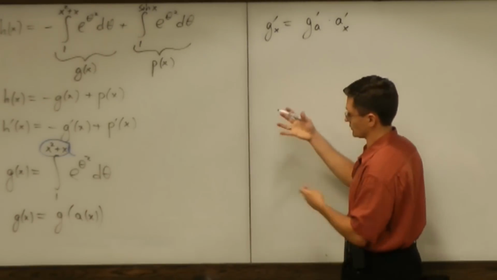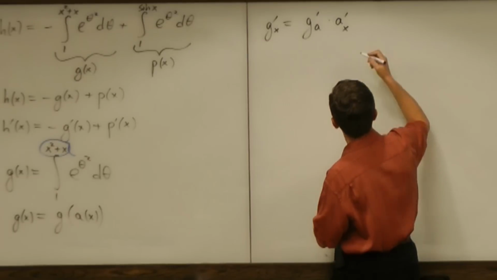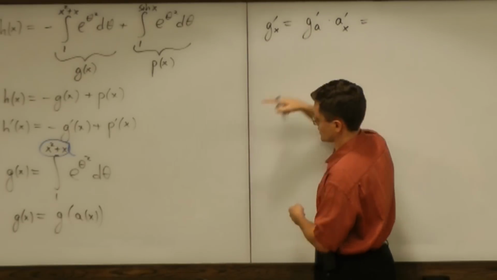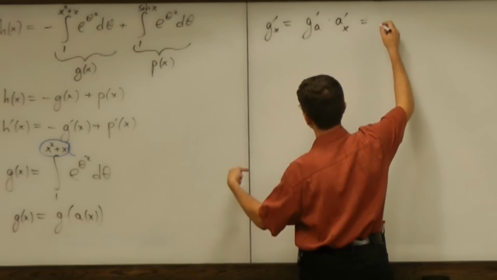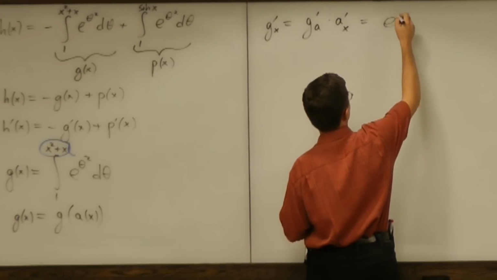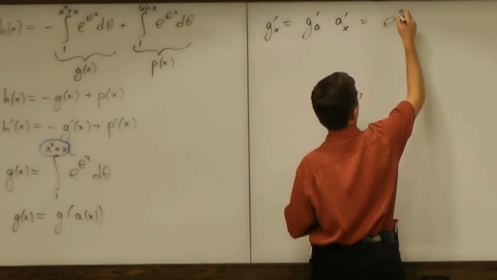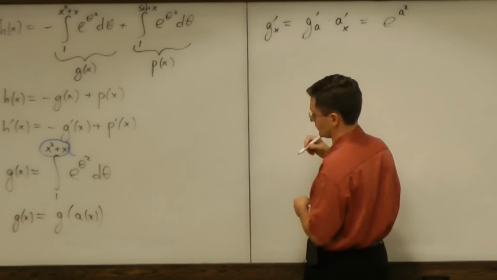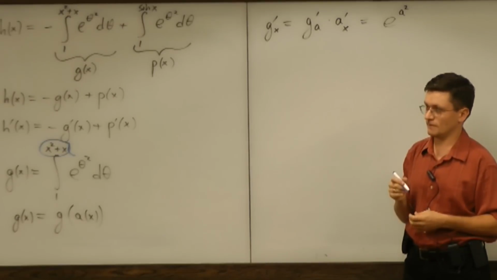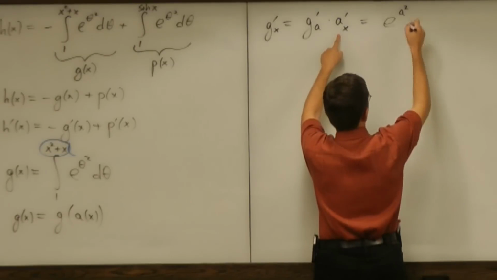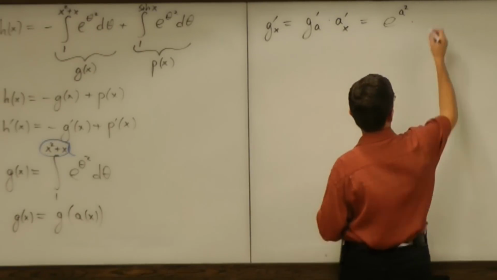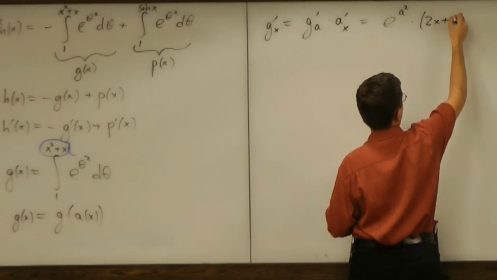And that's exactly the chain rule involvement in this problem. So my derivative of g with respect to the upper limit, by the fundamental theorem of calculus, is the value of the function at that upper limit. It's e to the a squared. And the derivative of a with respect to x is 2x plus 1.